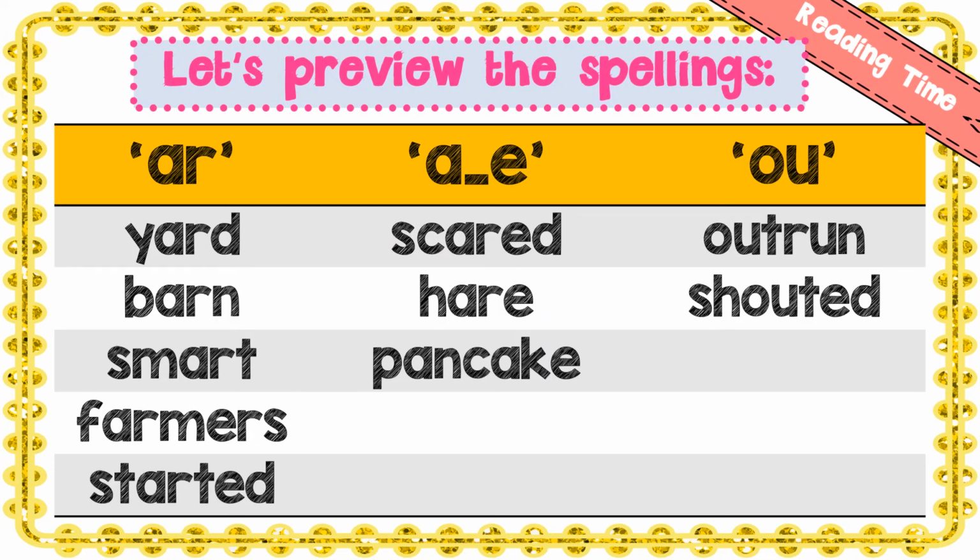Before we start, you're going to have some of these AR, these long A sounds from your sneaky E, and these owl sounds in them. Let's preview some of these spellings before we read our passage. Yard, barn, smart, farmers, started, scared, hair, pancake, outrun, shouted.